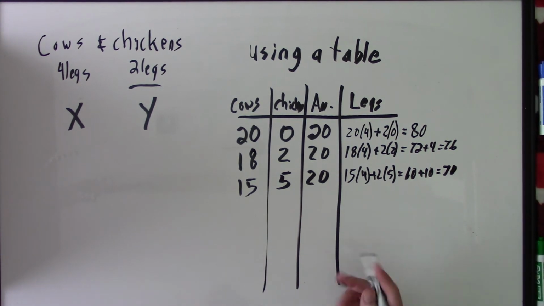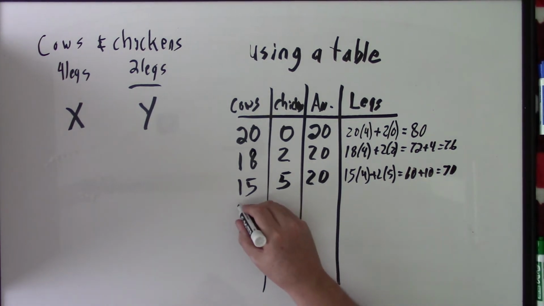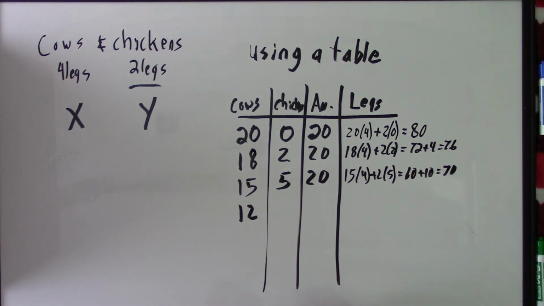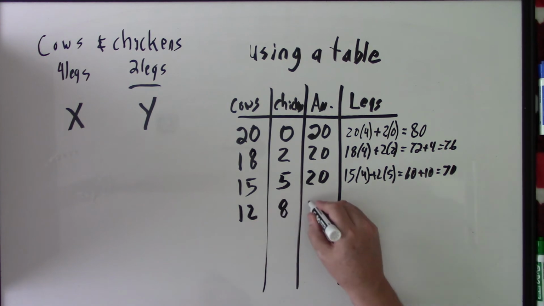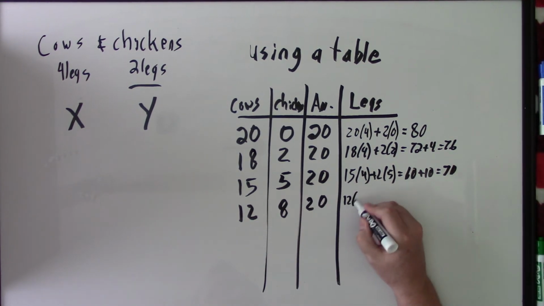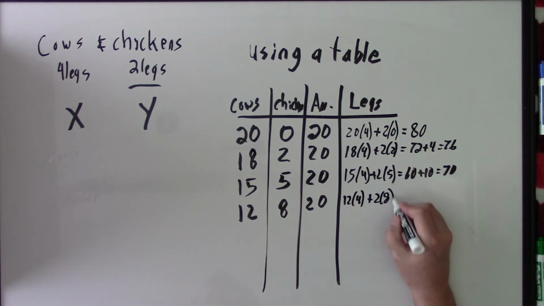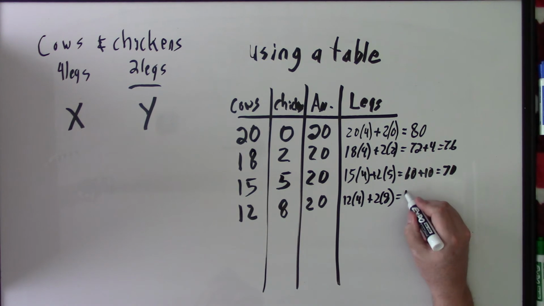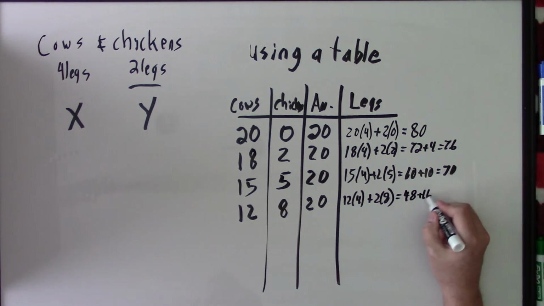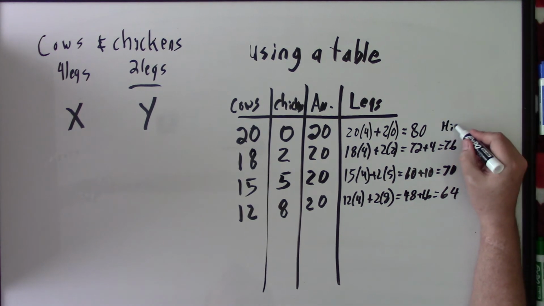So that's too much, and since we already know the answer is 13, I'm going to go ahead and jump and say, oh, well, I'm going to overshoot it and go to 12 and then make this 8, so that's 20 animals. So then I have 12 times 4 for the cows, plus 2 times 8 for the chickens, so that's 48 plus 16, which is 64. So all of these I was high.